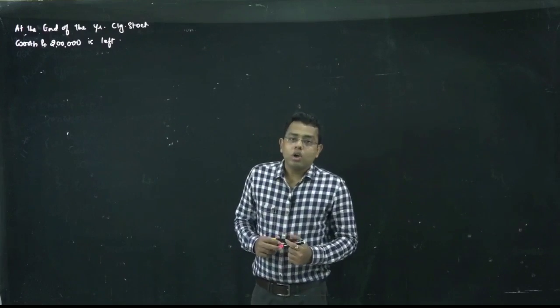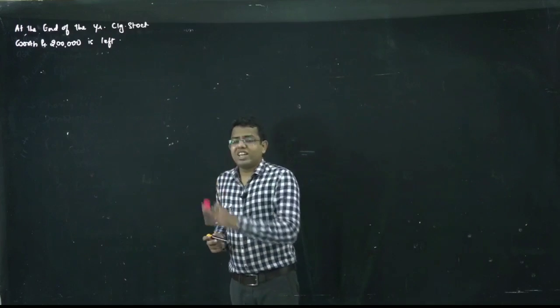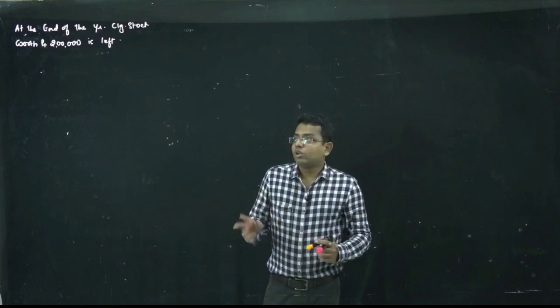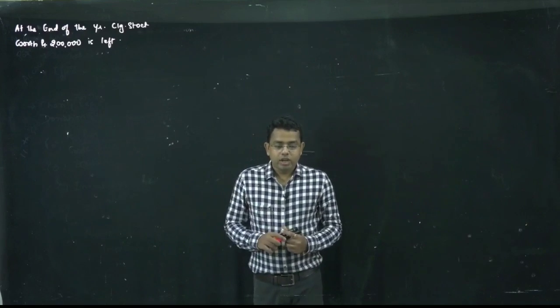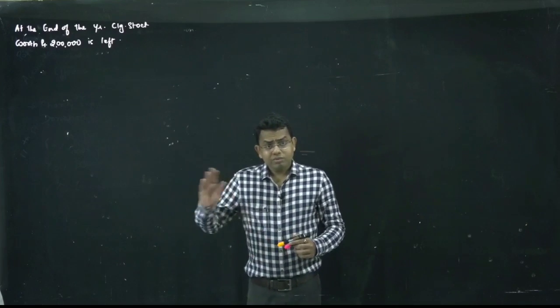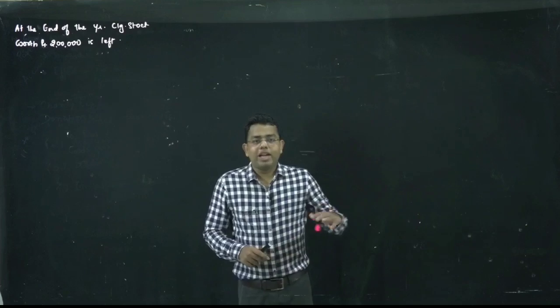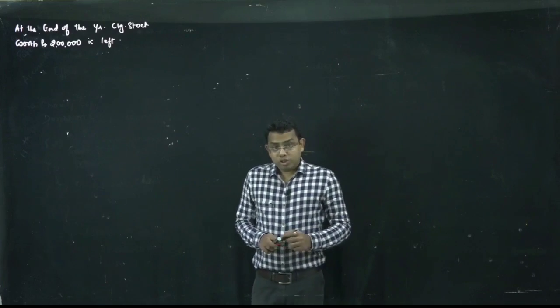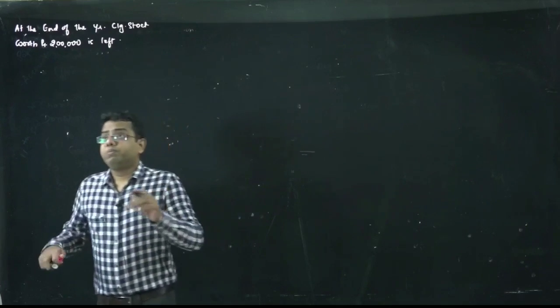What is the impact of closing stock on final accounts? It is always there as an adjustment. In any question of final accounts you will be having this adjustment. What shall be the answer? Trading account credit side, balance sheet asset side. What shall be the journal entry?